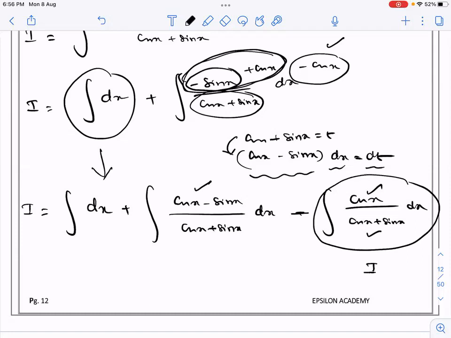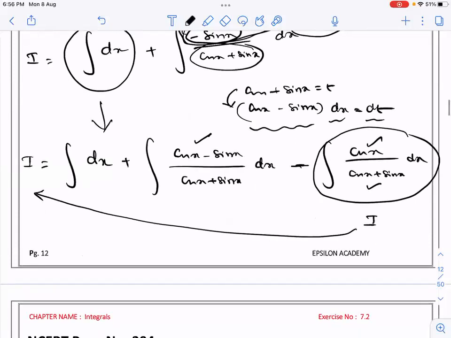That is I. So this minus I, when it comes to the other side, it will become 2I is equal to integral of dx plus integral of cos x minus sin x by cos x plus sin x dx. If 2I is this value, what will I be? Half of this. That is why they wrote that half. Without logic, they would have started writing it as half first, but I'm saying this is how they thought.